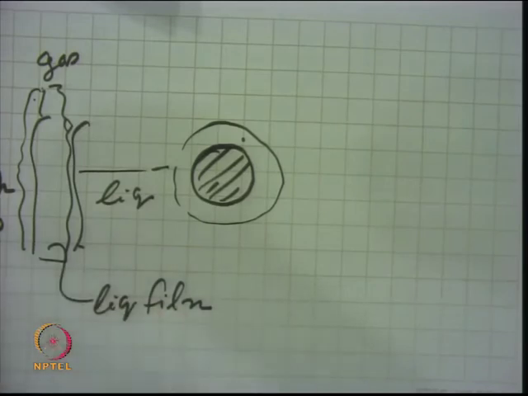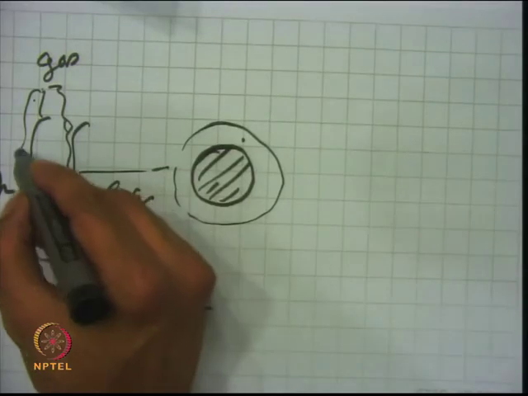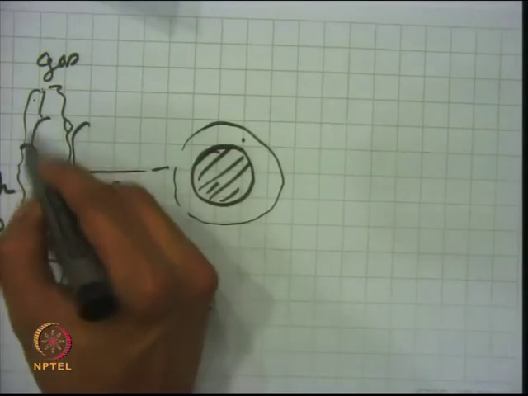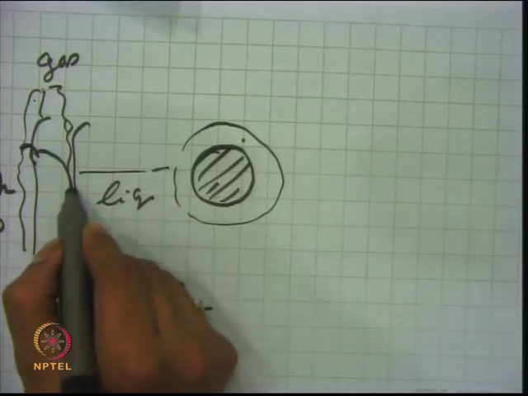One side is the bulk liquid, another side is the bulk gas, and in between there is a film. Depending upon the thickness of that film, you will have the interface. One side is the gas, another side is the liquid, and now the gas has to diffuse through that film. So, there is gas film resistance, and then it will come to the bulk liquid side.